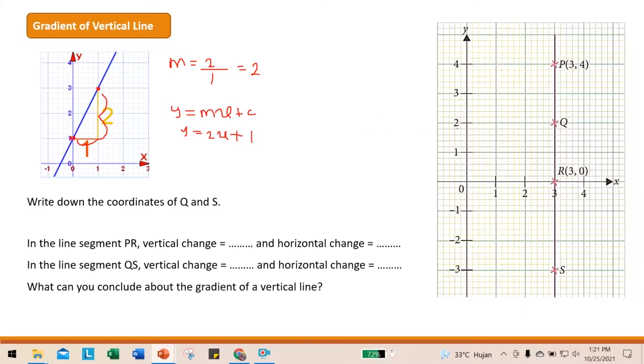Next, this one. There are 4 points, P, Q, R, and S. Write down the coordinates of Q and S. Q is (3, 2). S is (3, -3).